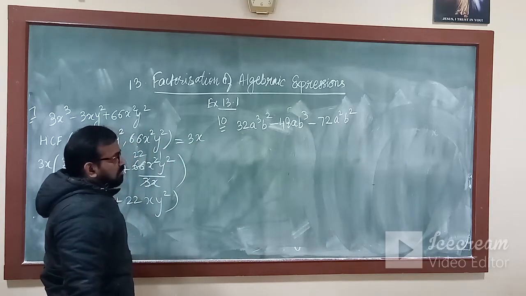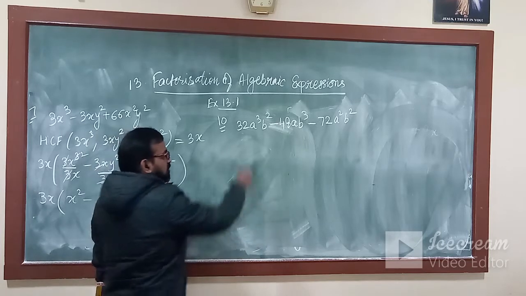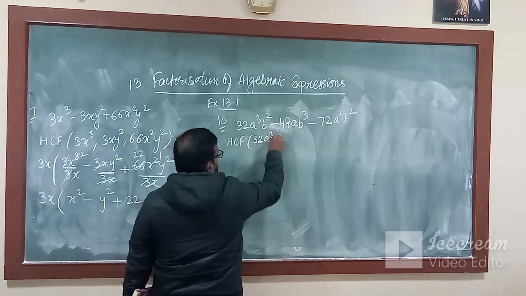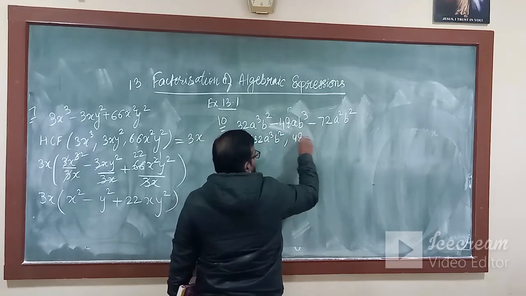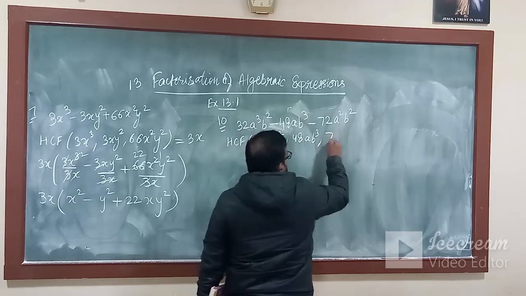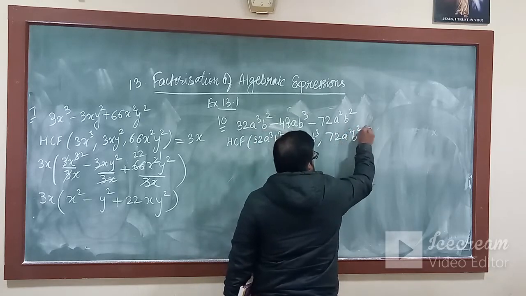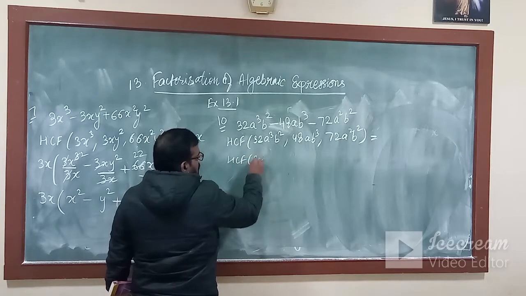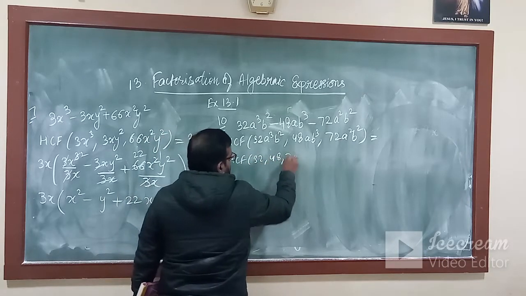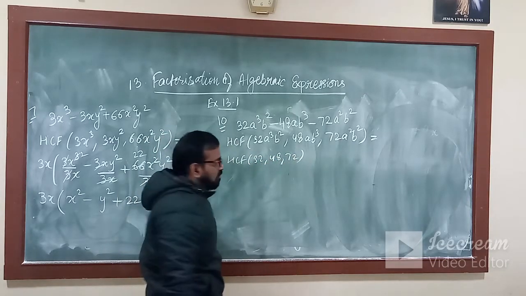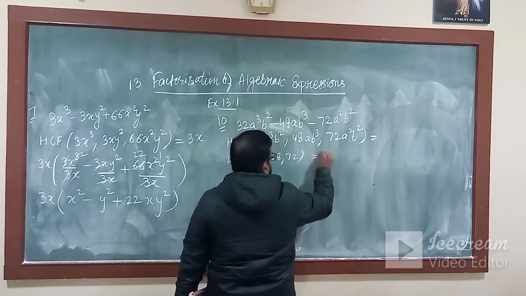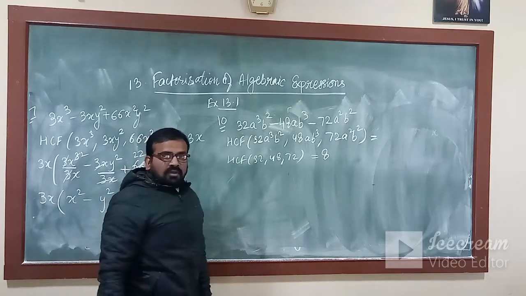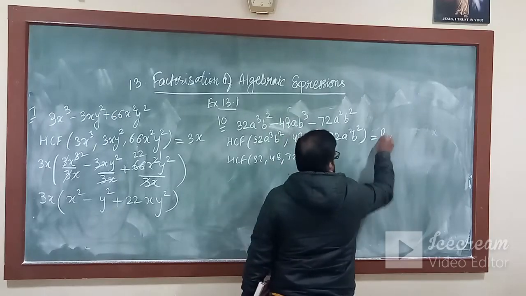So when we take out the HCF of these terms, that is 32a cube b square, 48ab cube and 72a square b square, what will be the HCF of 32, 48 and 72? Its HCF will be 8.